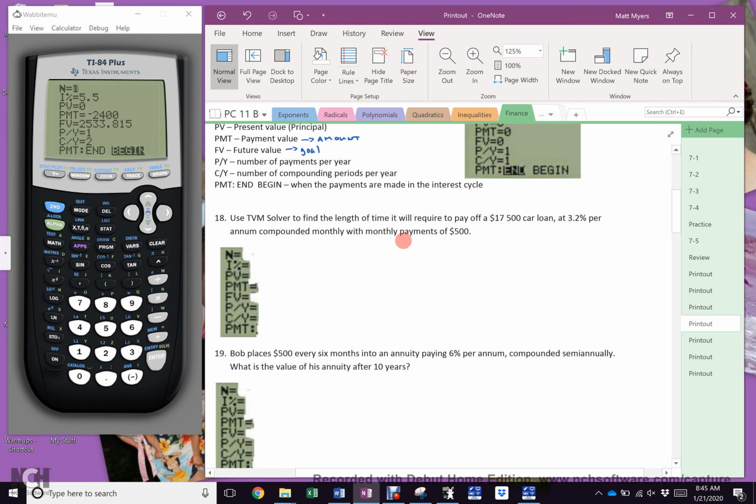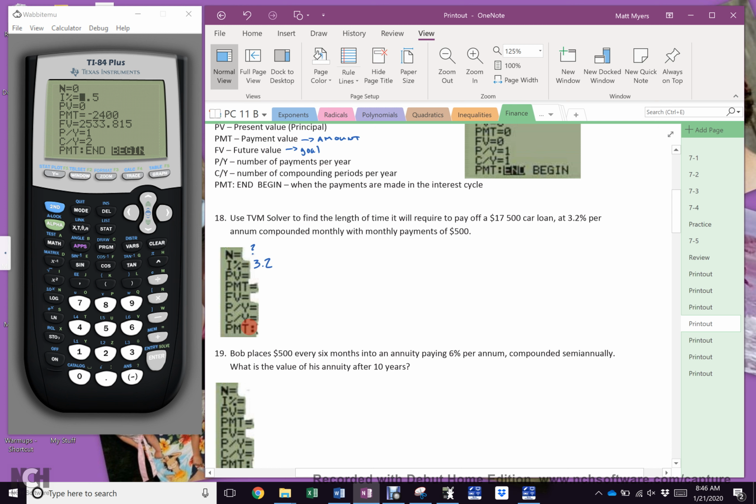So, length of time. I don't know how many payments this is going to take, right? So do I know my N? No. So we've got to leave that blank. Okay, we're going to put 0 there.